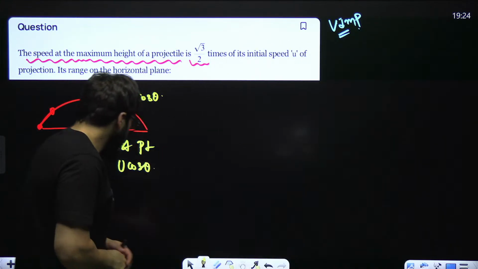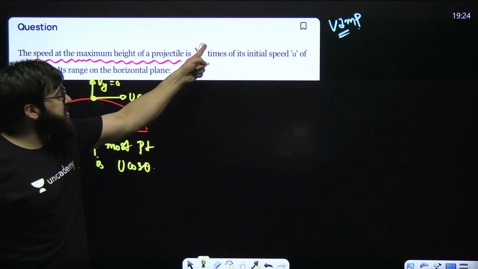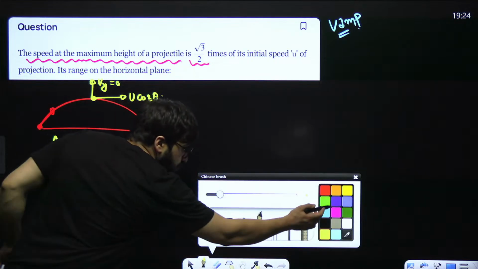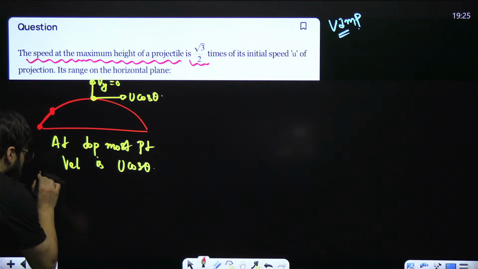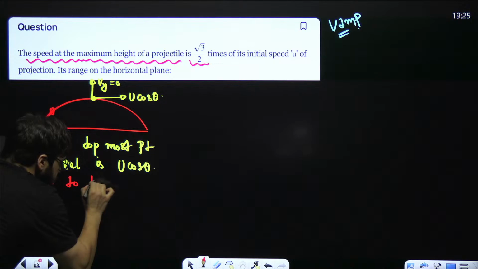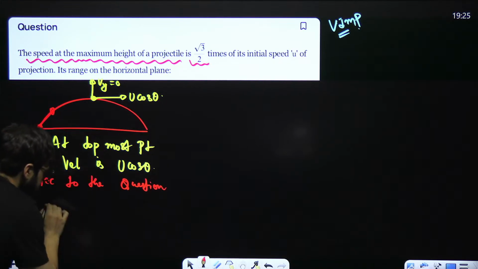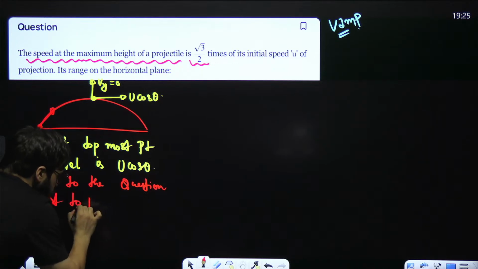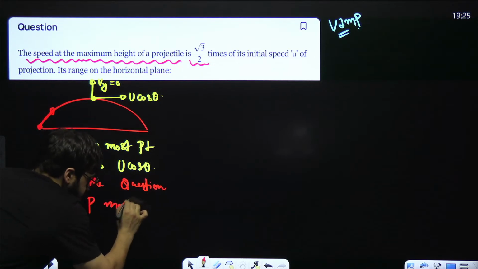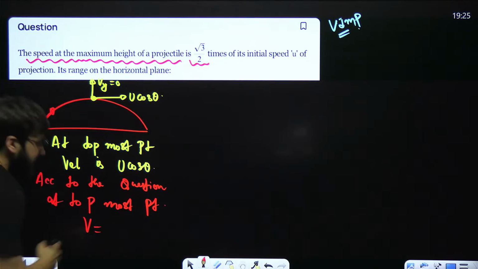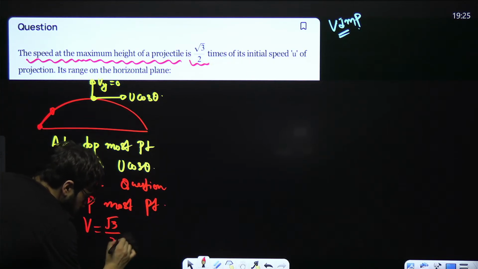Now guys, according to the question, they are saying that it has a velocity of root 3 by 2 times u. So at the topmost point, velocity is given as root 3 by 2 times u.